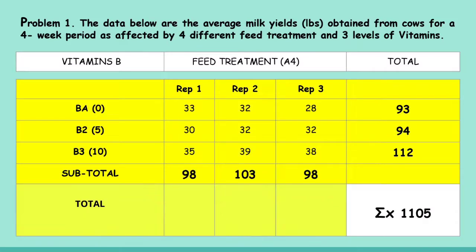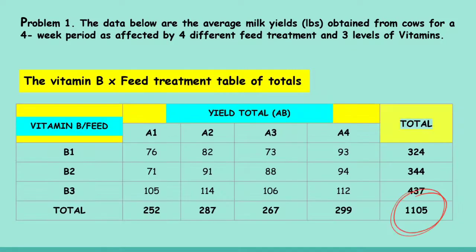Okay, so let's go to the grand total. How are you going to solve for the grand total? Just add all the numbers you got from the total. So from feed treatment A1 total, you're going to add that up to feed treatment A4.